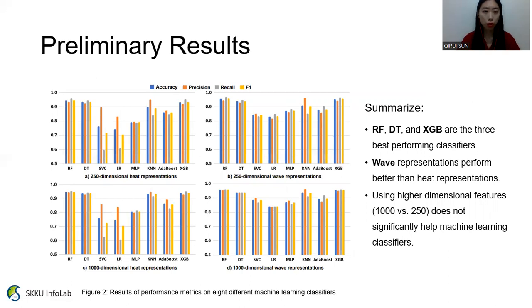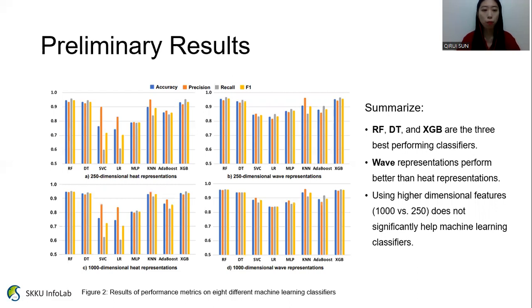Our preliminary results are shown in Figure 2. In the results, we apply the 250 and 1,000-dimensional heat and wave features to build 8 classifiers and get the final accuracy, precision, recall, and F1 score. Figure 2, A and C shows that the results of the 250 heat features experiment are similar to those of the 1,000 heat features experiment.